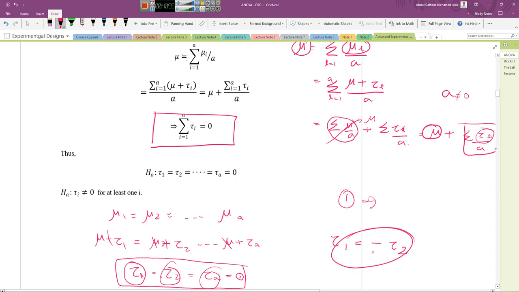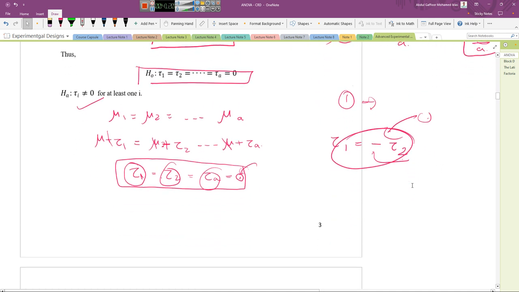So in that scenario also, it is a mixture of negative and positive signs with the same magnitude, so in that case also it will be 0. So this is our null hypothesis, our H naught, and the alternative is at least one tau i is not equal to 0. This is how we are going to write down our null and alternative hypothesis.